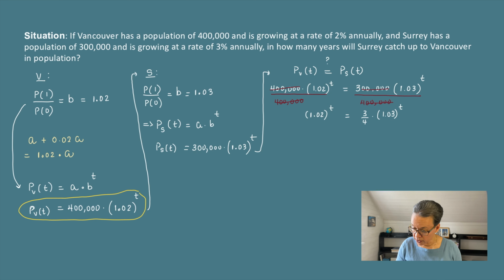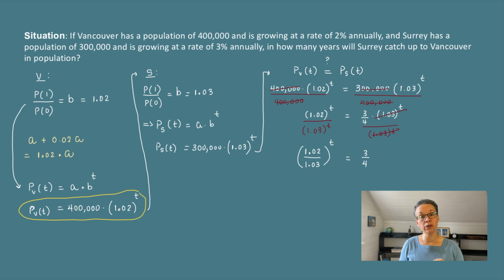And then again, to continue simplifying, I will now divide both sides by 1.03 to the t. On the right, they'll cancel. And on the left, I can use properties of exponents to rewrite this expression as 1.02 over 1.03, all of it to the t. And that's going to be equal to 3/4.